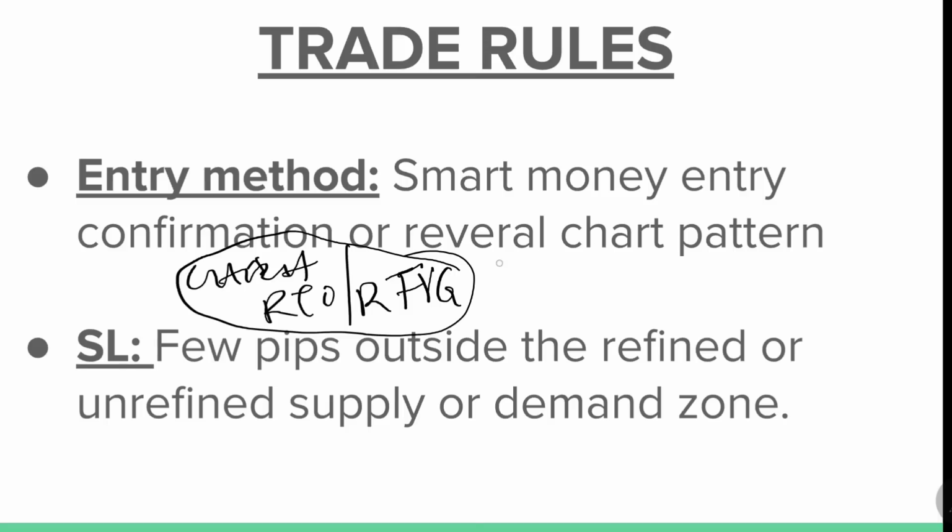But for retail, reversal patterns could be double top, or head and shoulders for a sell scenario. For a buy scenario, you're looking at maybe double bottom or your inverse head and shoulders.